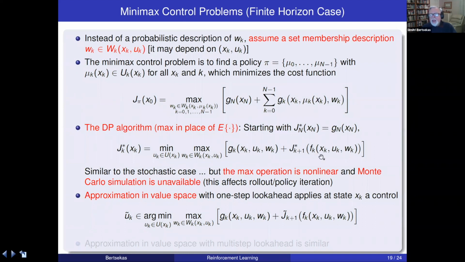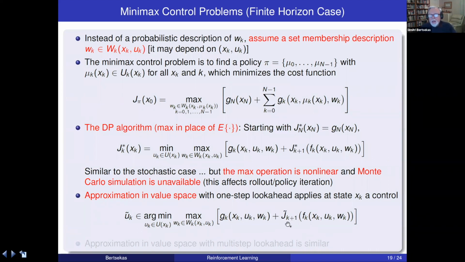Now, once we have this dynamic programming algorithm, and of course we recognize calculating these J stars is very difficult, we are led to the idea of approximation in value space. And with one step lookahead, it looks like this. It applies at state xk the control that minimizes this expression here, which involves a maximization and also an approximation of J star by J tilde.